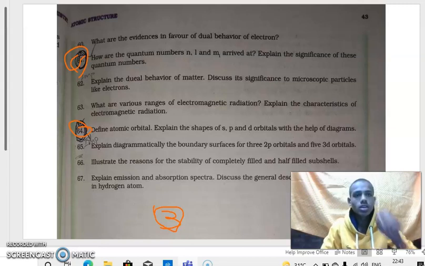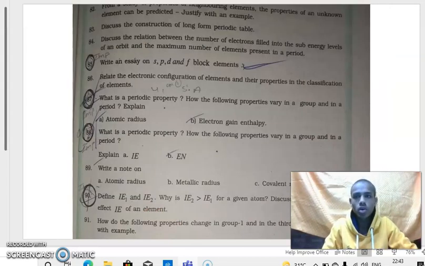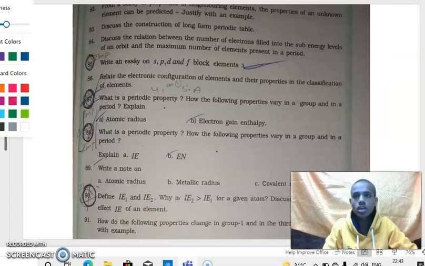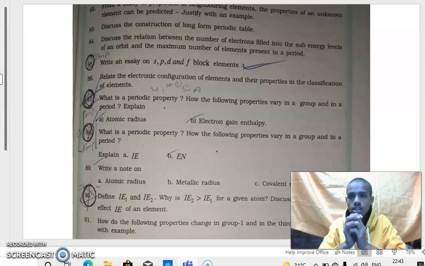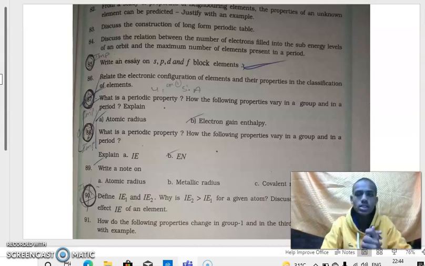And further going to second chapter, periodic properties. In this chapter, first we have the sections in chemistry board examination. For first section, it will be 10 into 2 marks.